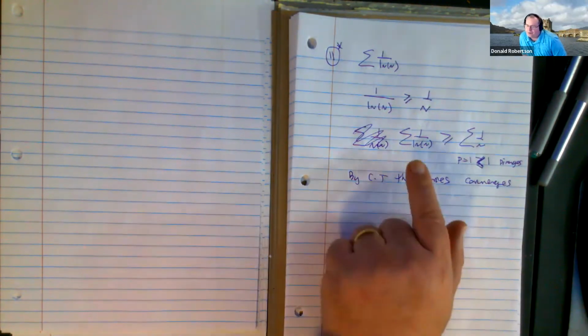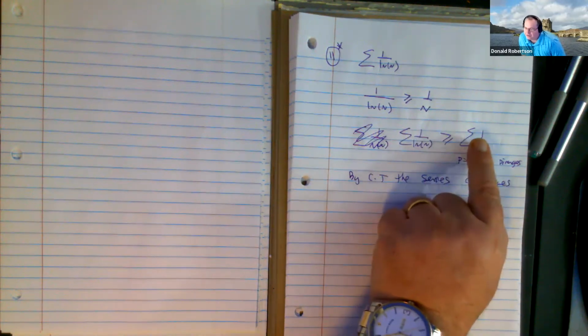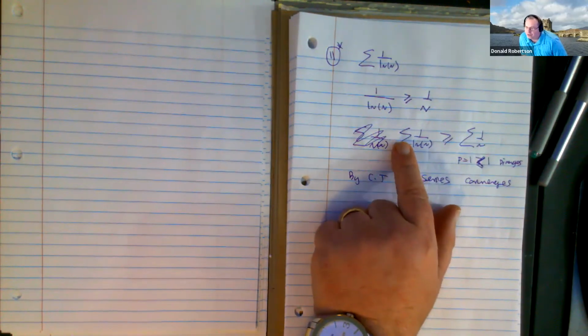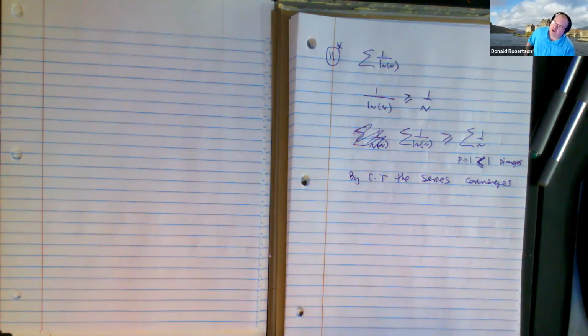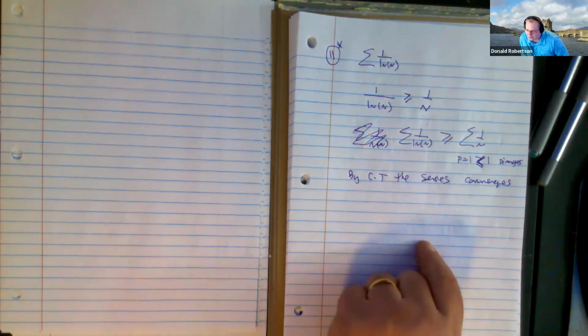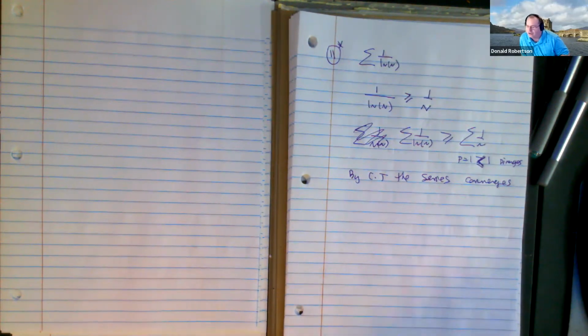So if I can prove that you're bigger than a divergent series, aren't I proving that you diverge? That makes sense? Now, what would happen if I could prove that you were smaller than a series that converges? So I have a series and it's smaller than another series, but that other series converges to whatever it is, 42.